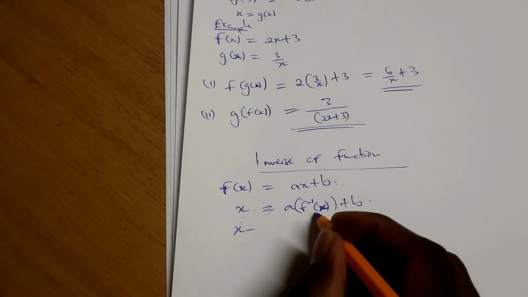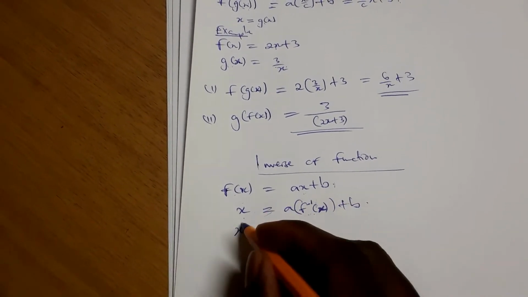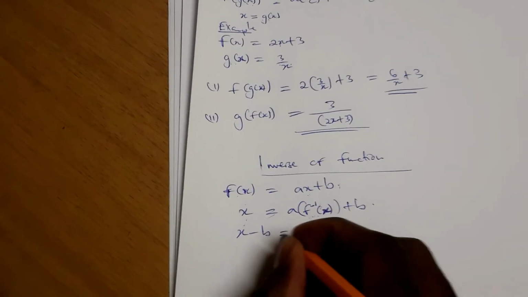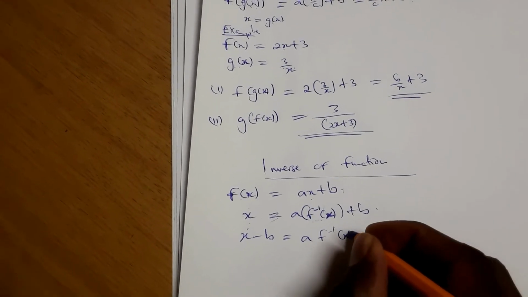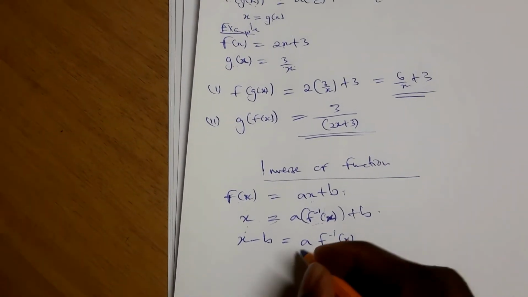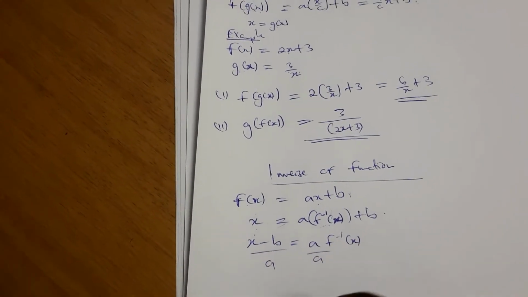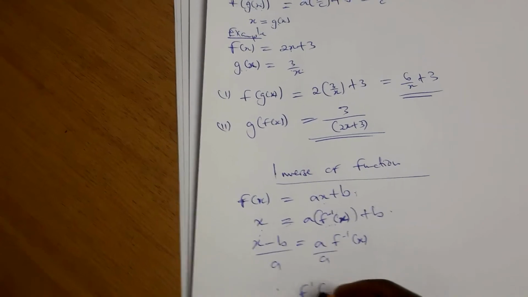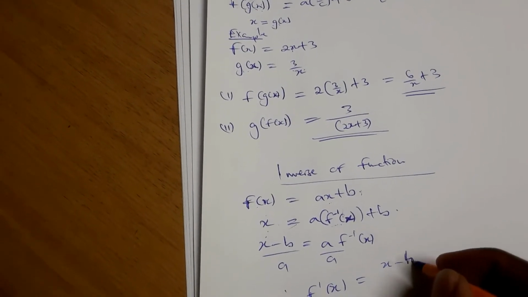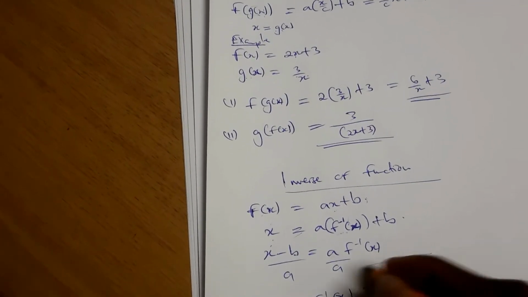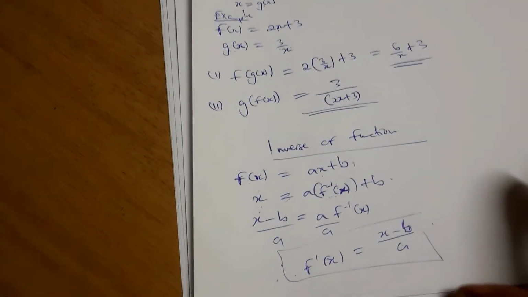We want to make the inverse the subject, so x minus b is equal to a times the inverse of f of x. You divide by a, therefore the inverse of f of x is equal to x minus b over a. It's now done.